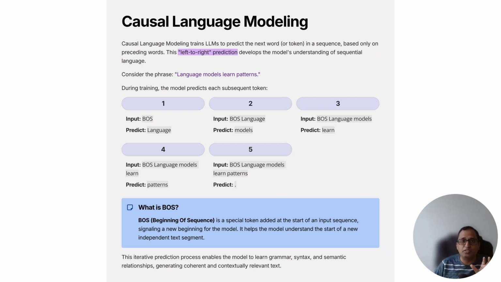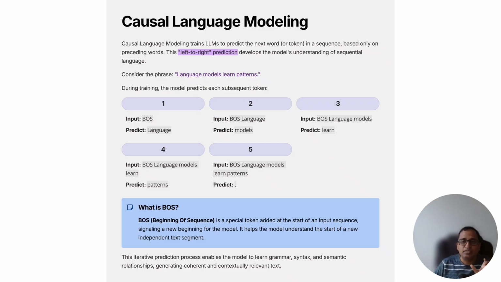The model tries to predict the first real word, which is language. Now we feed the model both BOS and language, and it tries to predict the next word, models. Similarly, it keeps on doing this until it is able to predict the full sentence.